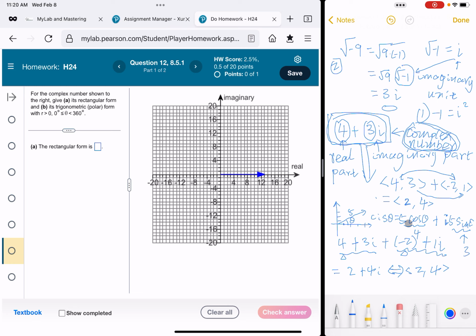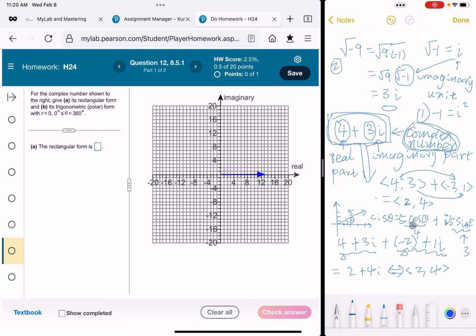So this expression will be called the polar expression. This part will be called the rectangular form. By the way, here we have a cis theta.